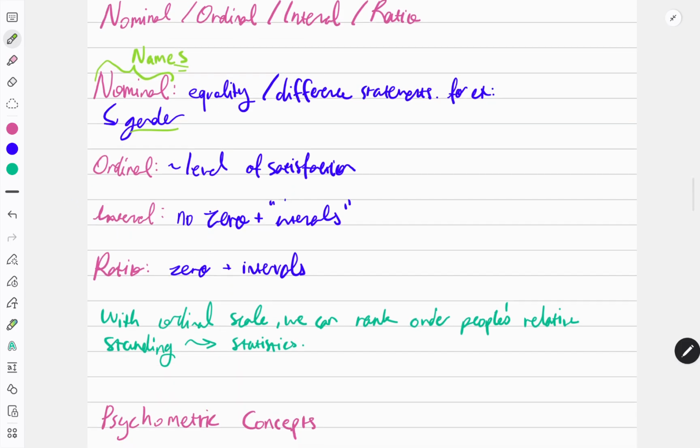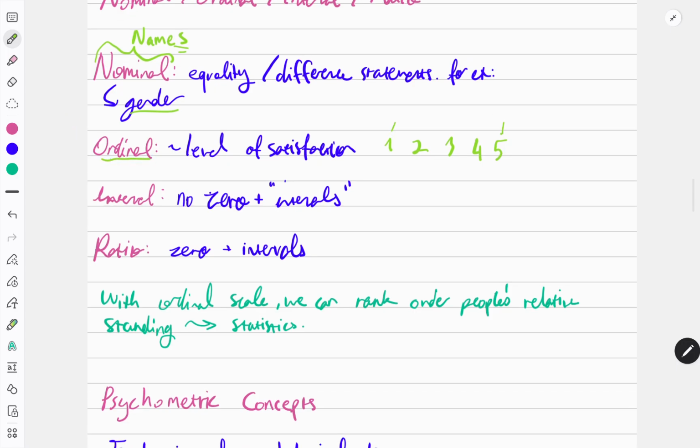Ordinal could be level of satisfaction, like how satisfied are you with the cafeteria in your campus, and you could vote from 1 to 5, 5 being the highest, 1 being the lowest. It's just ordinal.